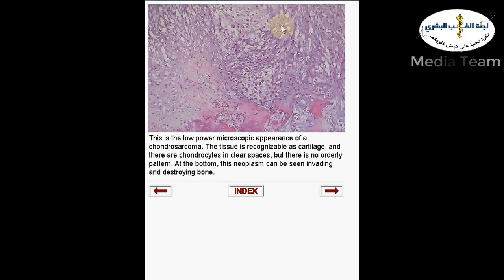And we have grouping of chondrocytes. They are not evenly spaced. They are haphazardly arranged, and they are depositing this bluish, myxoidish, cartilaginous material in between. In addition, if you look carefully at the lower part of the picture, it's infiltrating between bone trabeculae. So it's infiltrating and destroying benign tissue. That's a strong hint that this is a malignant tumor.